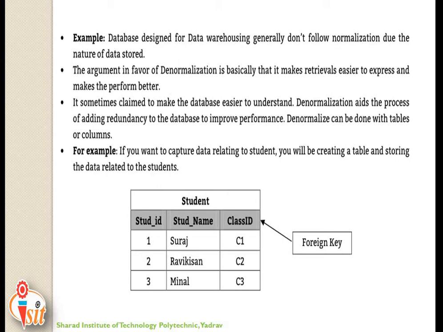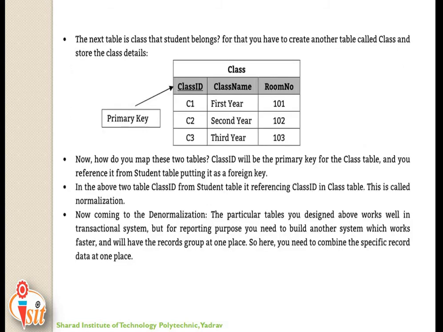For example, if you want to capture data relating to students, you will create a table and store the data related to the students. Here one student table is given. In that, student ID, student name, and class ID are the attributes, and for this relation, class ID is the foreign key.